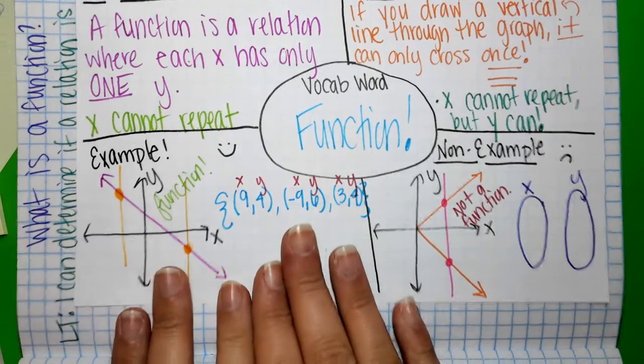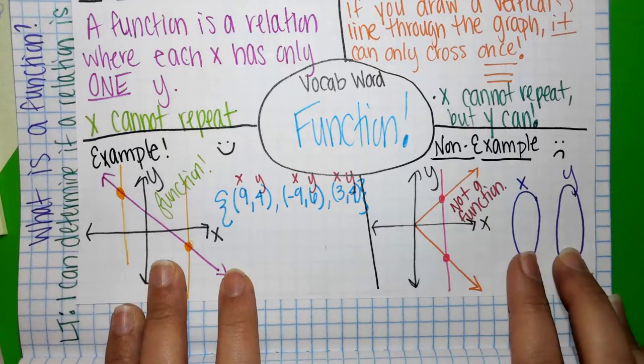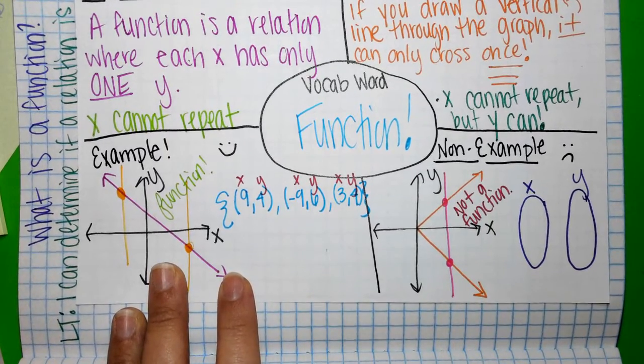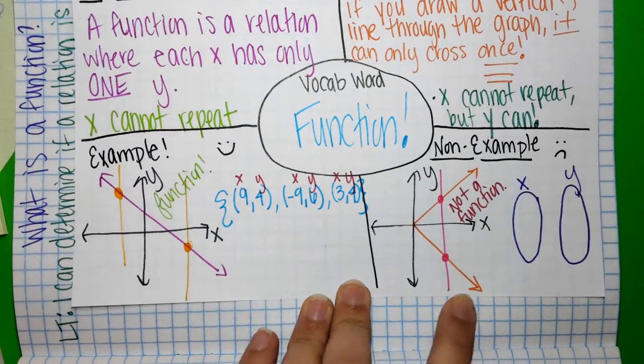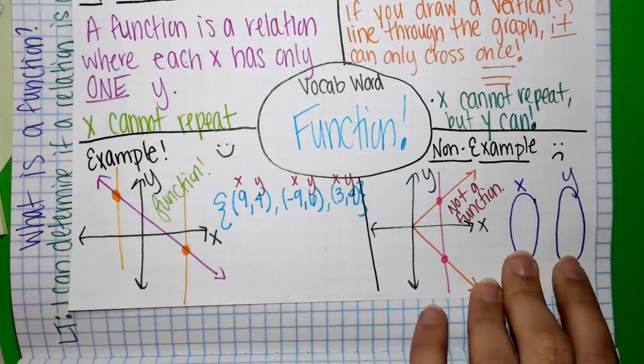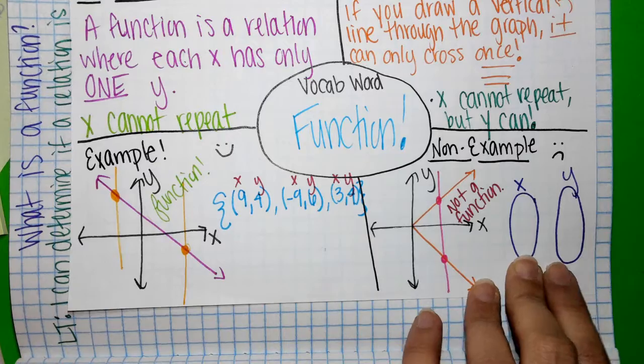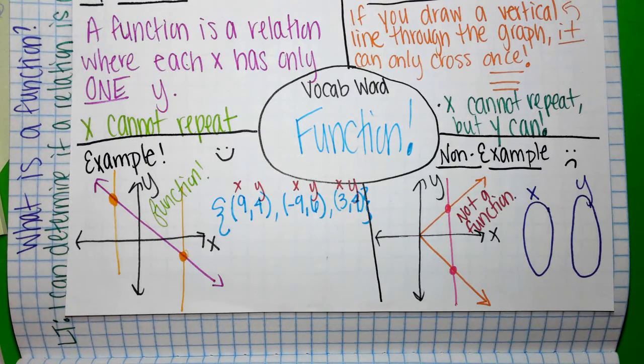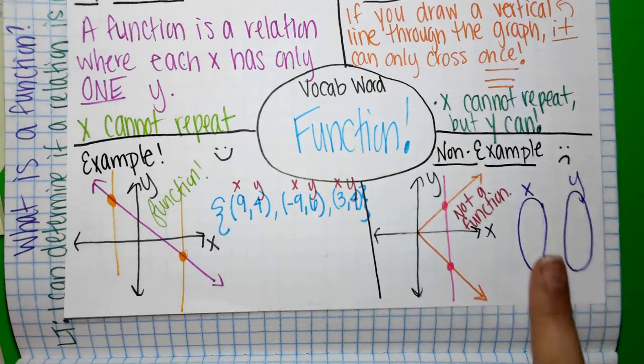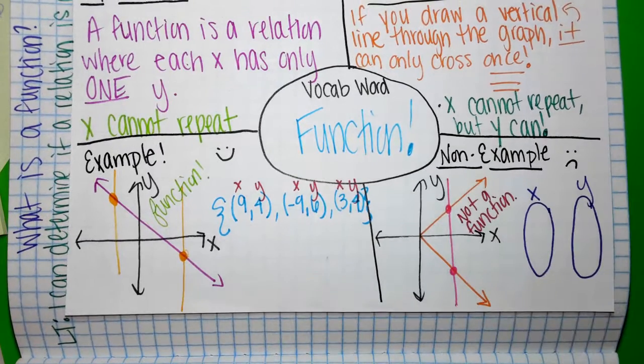So when you finish writing down your example, draw a mapping diagram for a non-example. So remember, x cannot repeat, but y can. Now I'm going to show you what it looks like in a mapping diagram when x repeats.